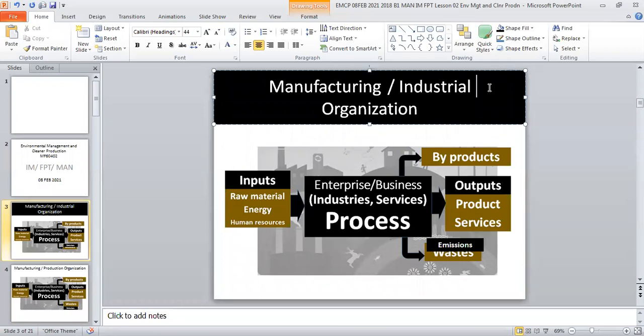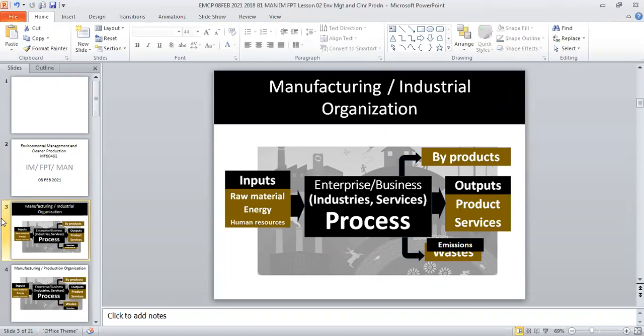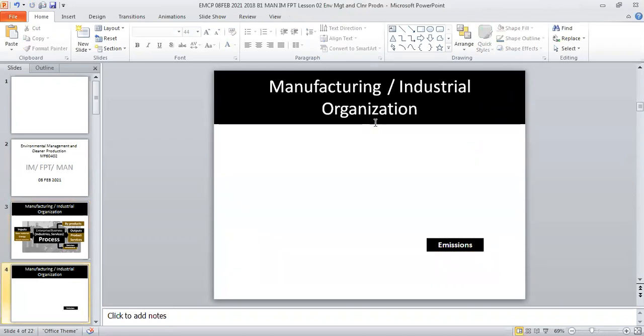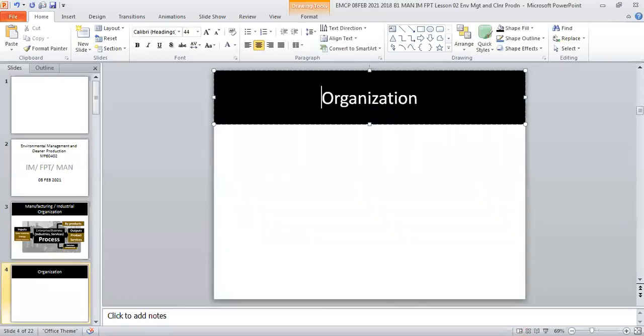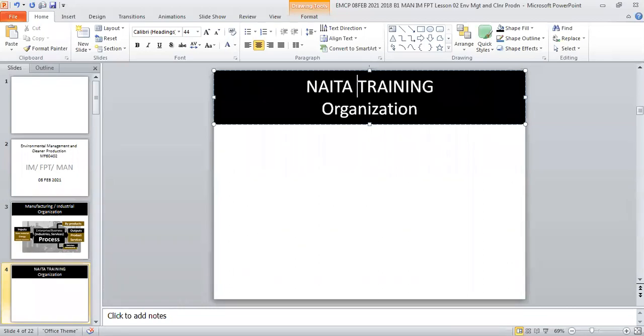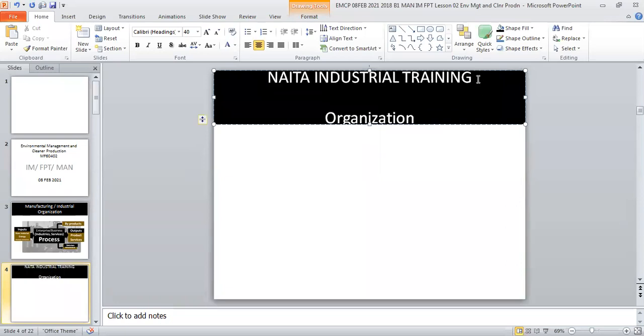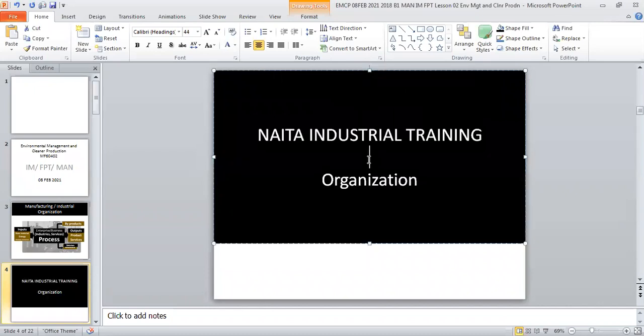So let's say in your organization chart, the NAITA training, because we will start from a known thing, NAITA monitored industrial training, in your daily record book, you all are putting an organization chart.